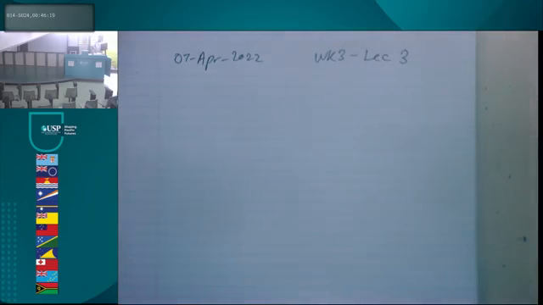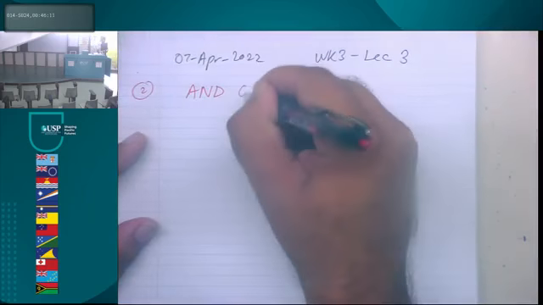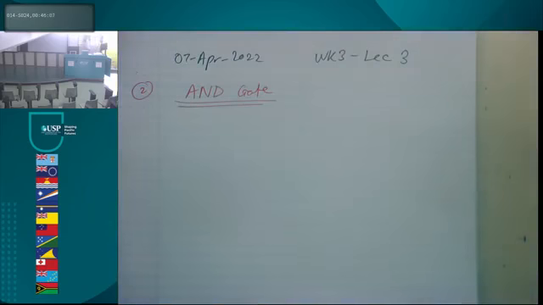The next gate I want to talk to you about is the AND gate. As the word says, the name gives it away. In the English language, when we use the word AND, it is an associative word.